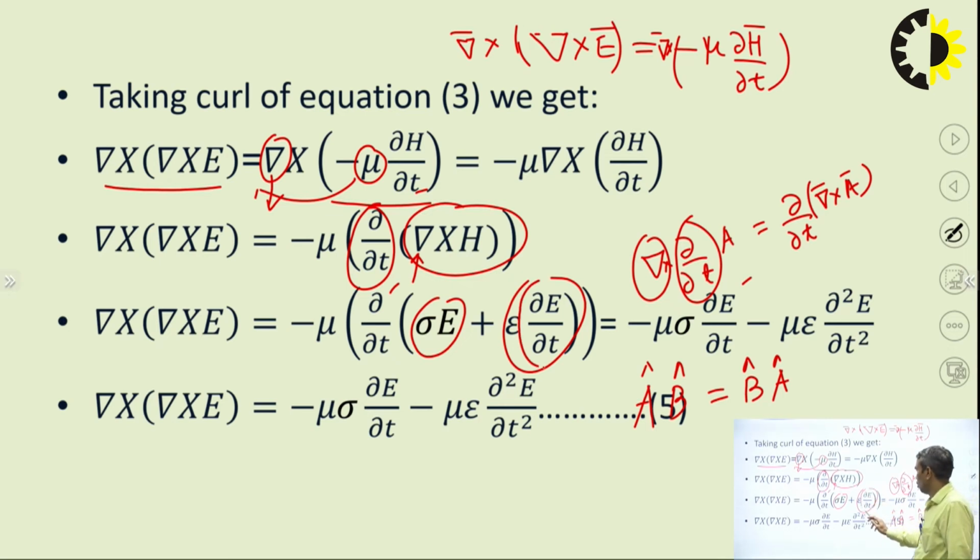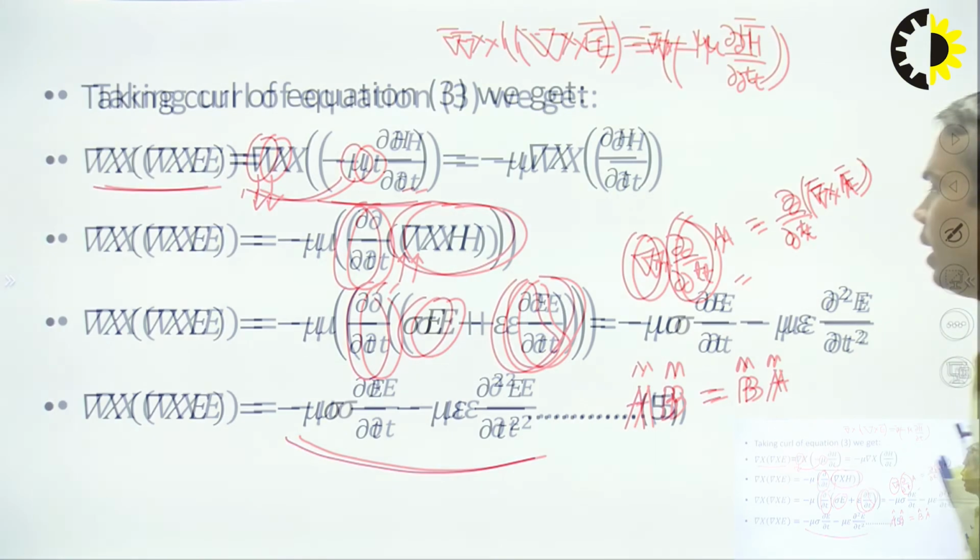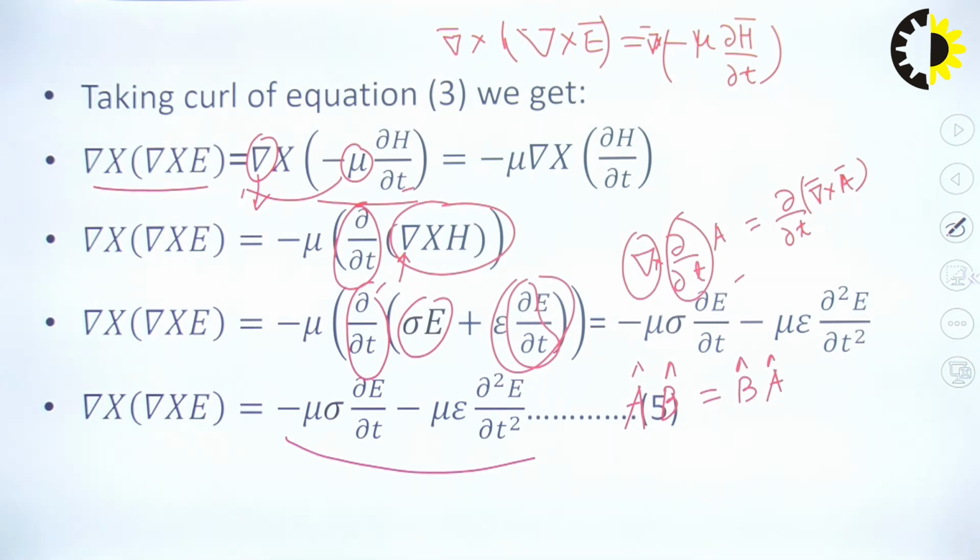So here first differentiation and second differentiation coming from here. So finally we get left hand side as minus mu sigma del E by del T minus mu epsilon del 2 E by del T square.